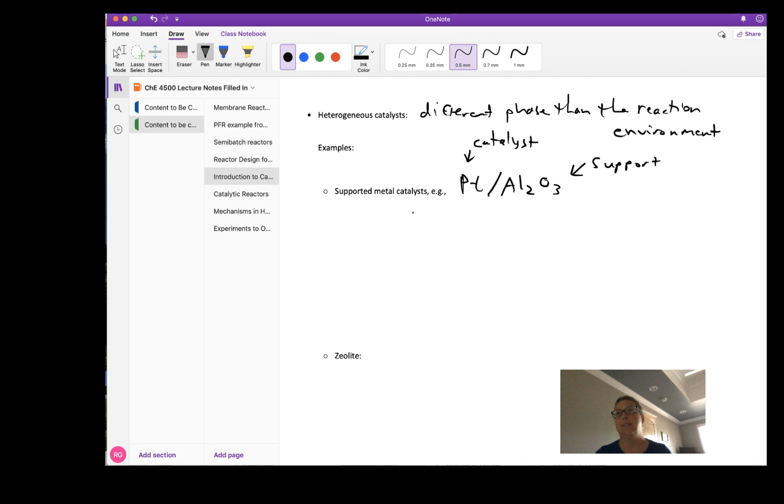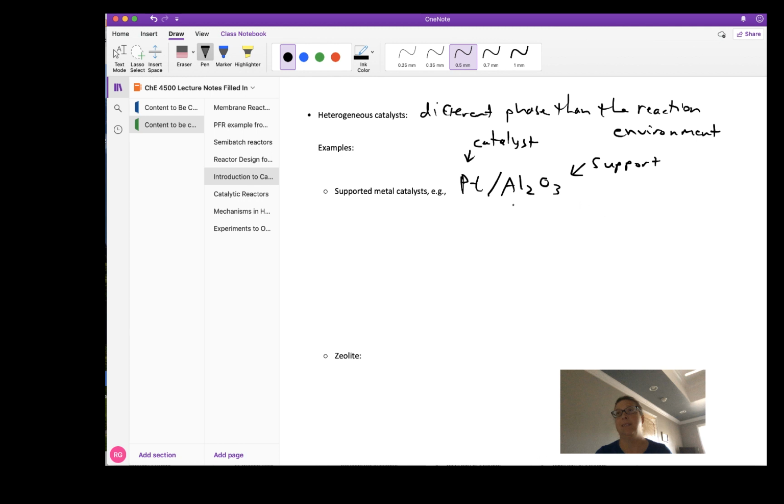If you imagine that chunk of platinum is some common shape, so think of it as being a sphere or cube, all of the atoms that are on the surface are accessible for catalysis. Anything that's not on the surface is inaccessible. Those atoms are thus wasted because they can't promote catalysis. Platinum is, of course, very expensive, so we want to utilize as much of the atoms as we can.